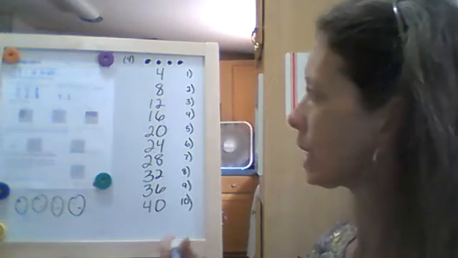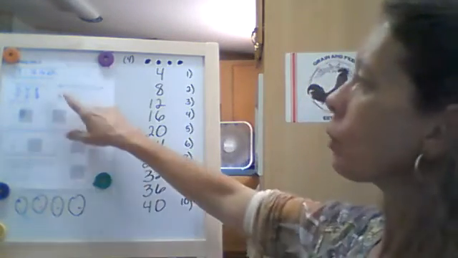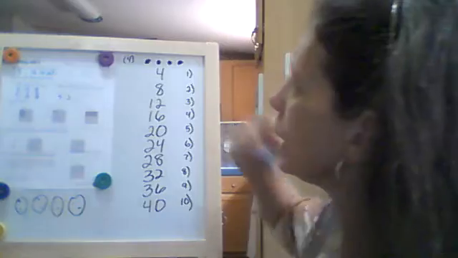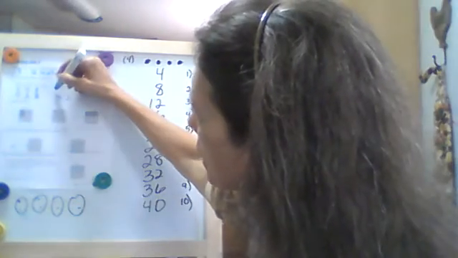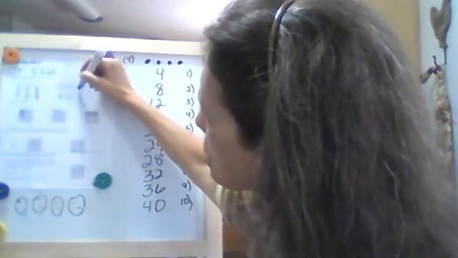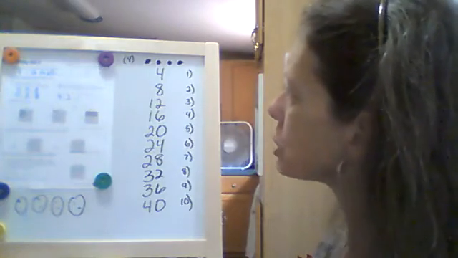I'll give you a little clue on that one. That one's going to take a little bit longer for you. So I'll have you fill in this one, this one, this one, this one, and this one. Okay, don't forget. You get to finish them all up. Okay? You're going to finish 1, you're going to finish 3.